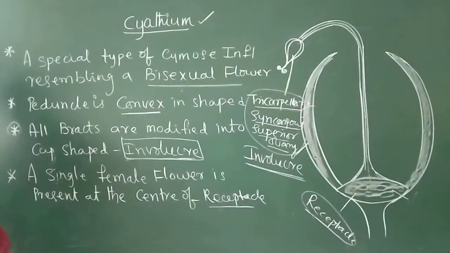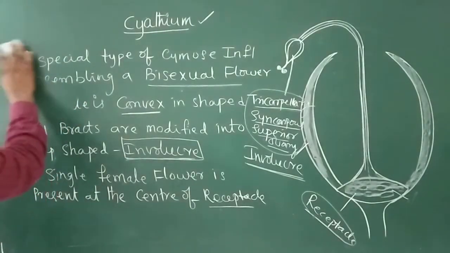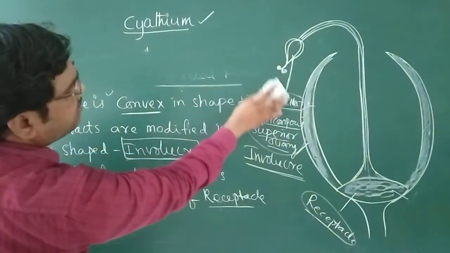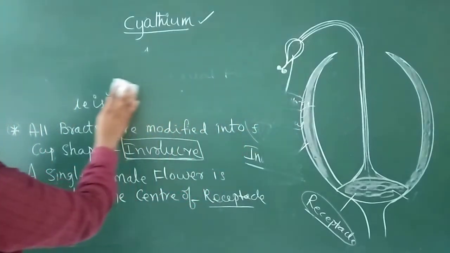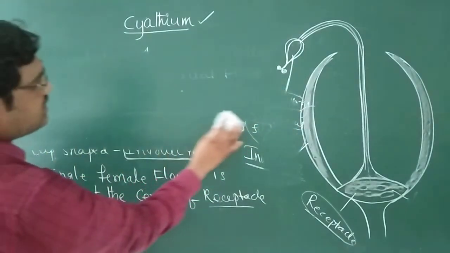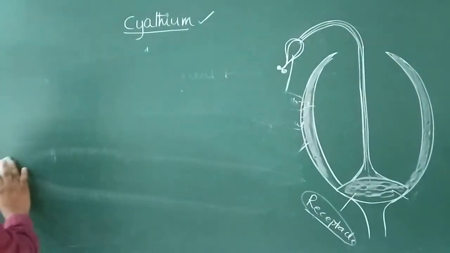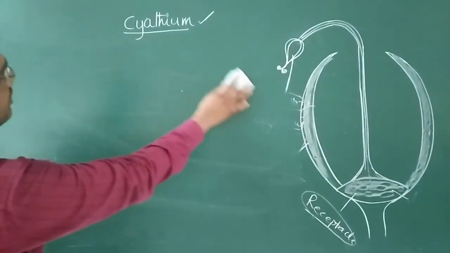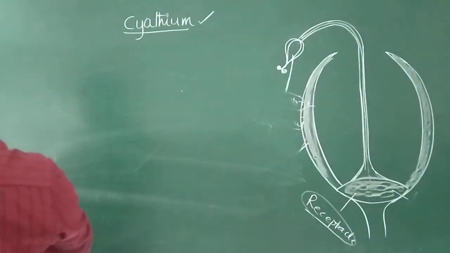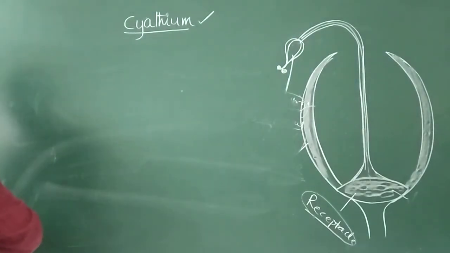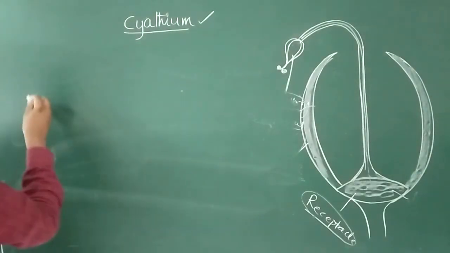So next, what are the male flowers? The male flowers are present around the single female flower. So that is the location of the male flowers. The male flowers are many.